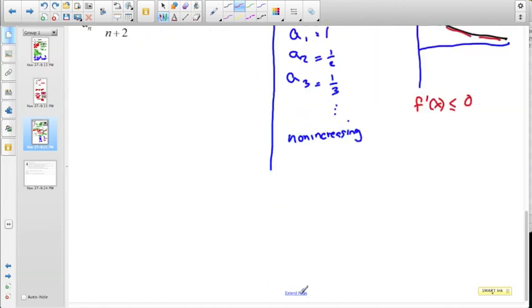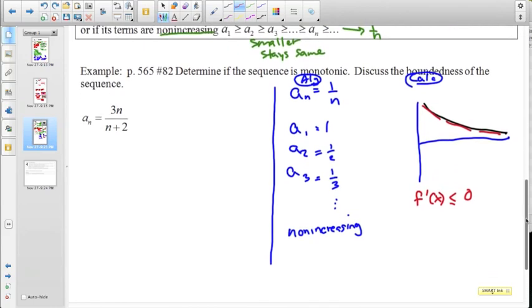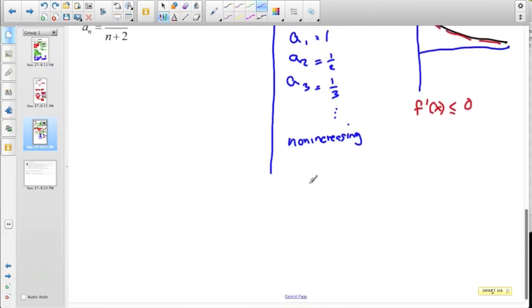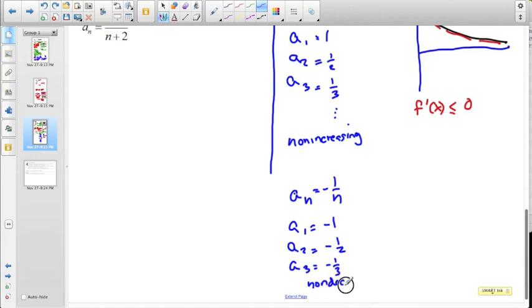Likewise with the sequence minus 1 over n, we can take a look at this algebraically. This is minus 1. This is minus 1/2. This is minus 1/3. So these are non-decreasing. And if we take a look at that using calculus, that function looks something like this.